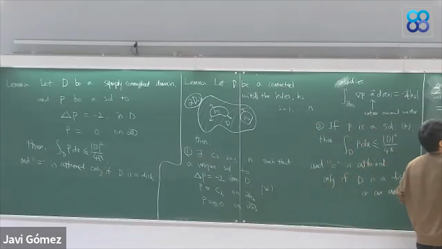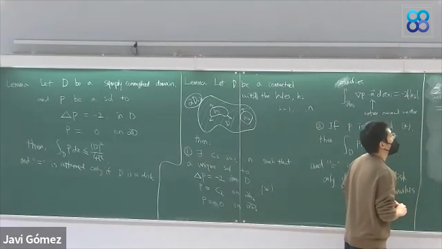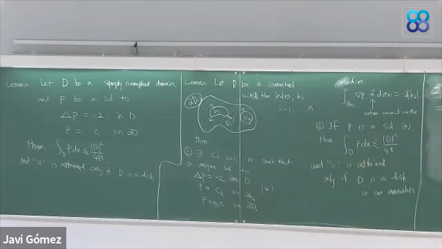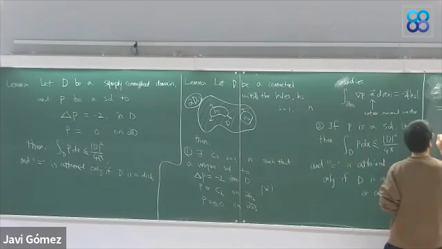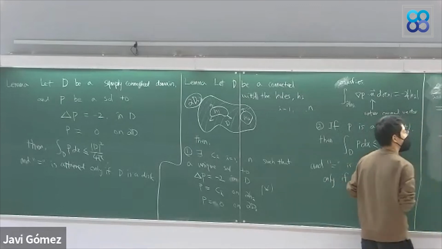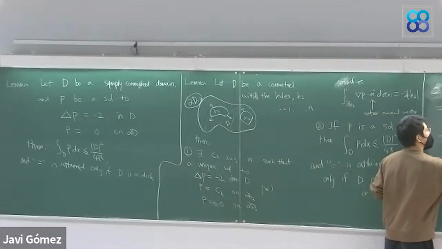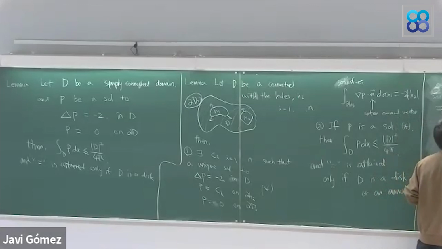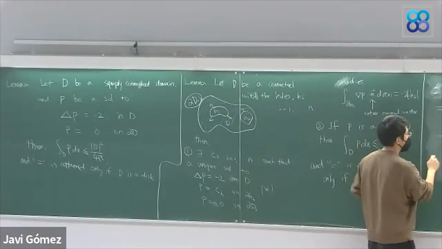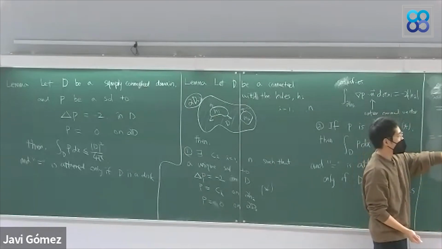Then what is this? This whole thing is going to be, we integrate the normal components on every boundary, right? This direction. So that is just the negative of the integral on the boundary of the patch. And then we have this side. And then you can use the Green theorem or whatever.